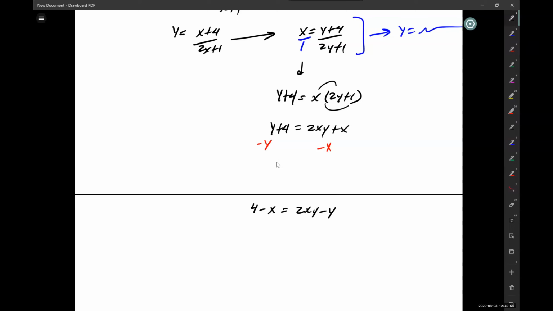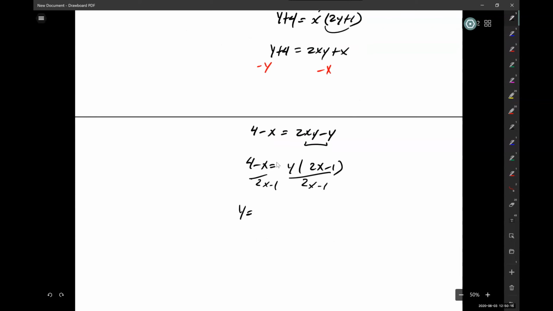And we see that both of these have a y in common, so we can factor that out. And then the last step is just to divide over. So 2x minus 1, 2x minus 1. And so we're left with y is equal to 4 minus x all over 2x minus 1.